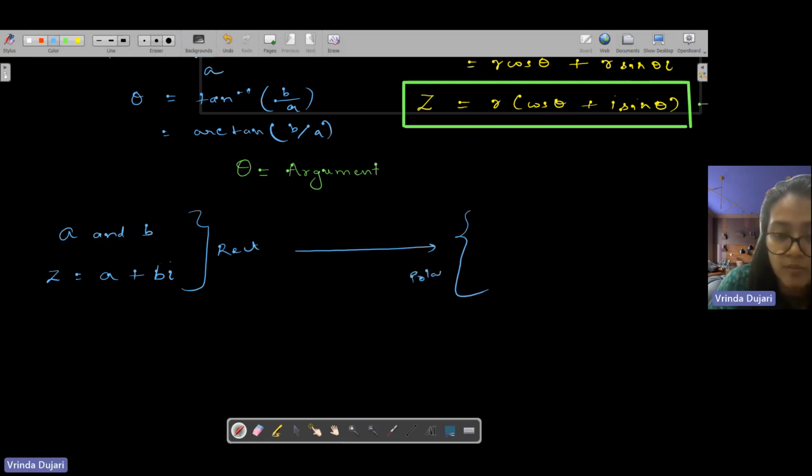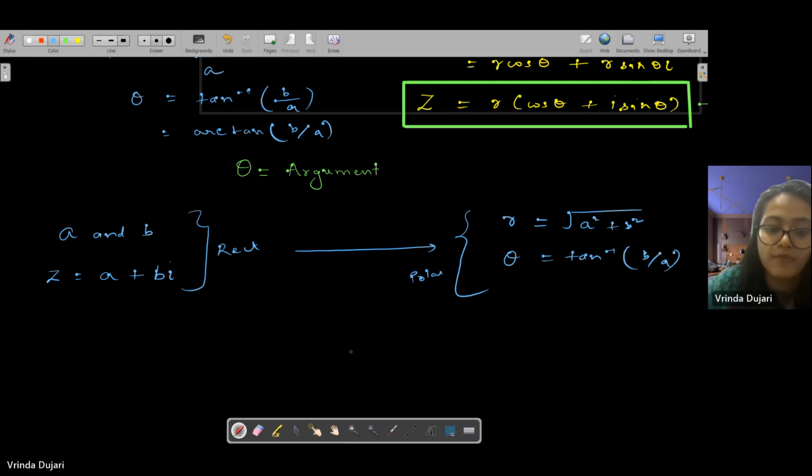How will you go to the polar form? See, this is the polar form. You can find out the value of r by doing square root of a squared plus b squared. And you can find out the value of theta by doing tan inverse of b by a.